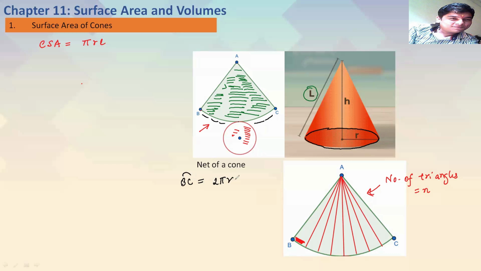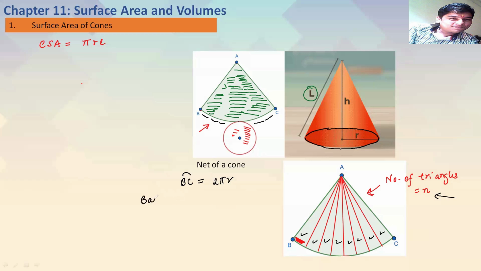Do you understand? Yes, sir. Now, if you divide BC into n parts, 1, 2, 3, 4, 5, 6, 7, 8, but I'm telling you that we are dividing it into n parts, right? So the base of each triangle will be what?